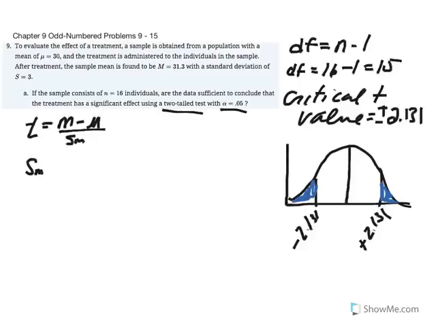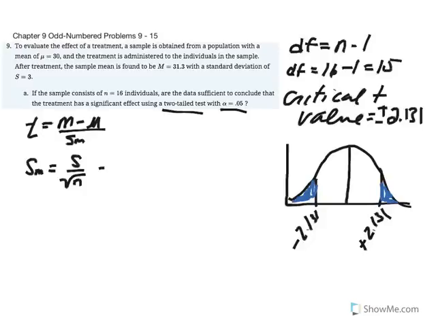Our estimated standard error is equal to, we have two different equations, one utilizing variance and one utilizing standard deviation. We have standard deviation, so we're going to use that equation, standard deviation over the square root of n, which is very similar to the actual standard error, which we learned about in the previous chapter.